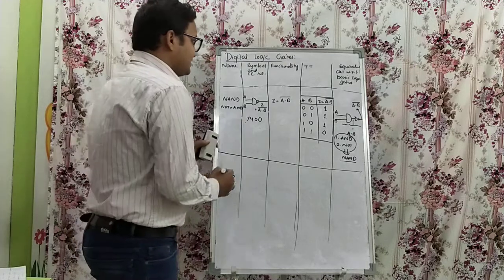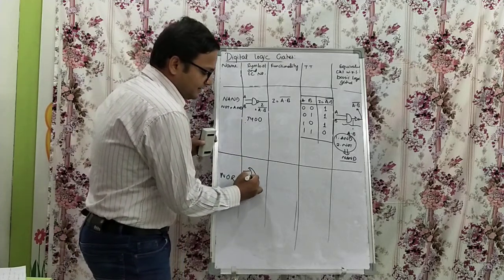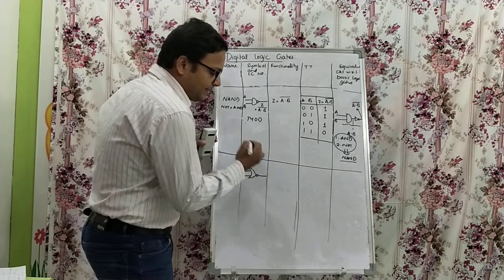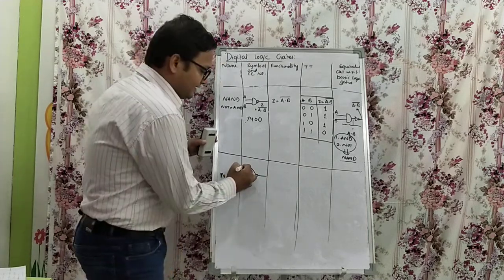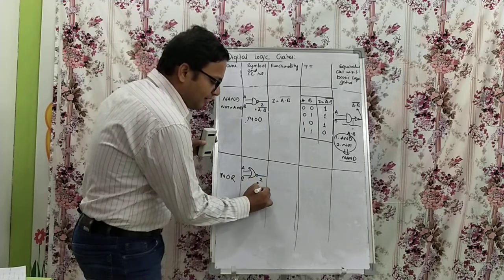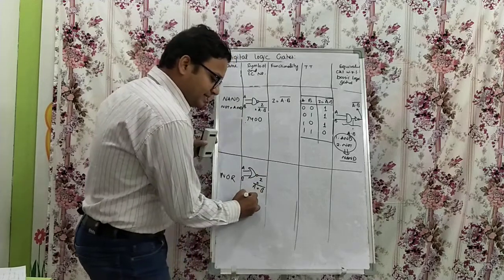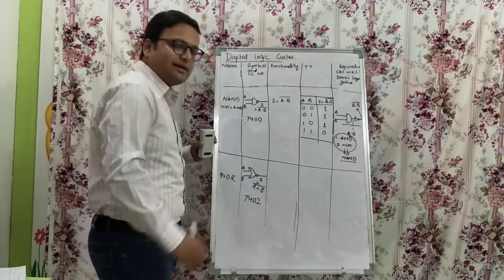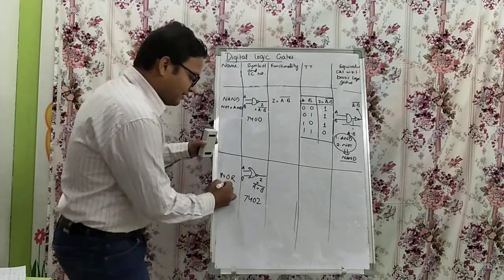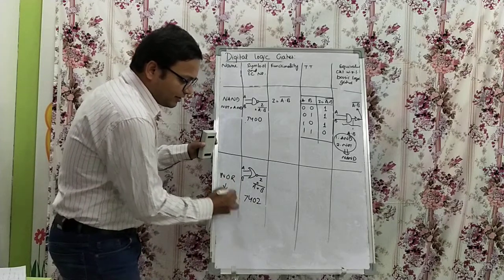The basic symbol of the NOR gate is just the inverse of the OR gate, nothing else. A, B, Z equal to A or B, inverted. The IC number is 7402. NOR is nothing else but NOT plus OR.